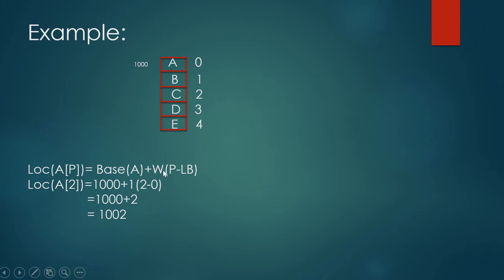Then P is 2. Here the subscript or index of this C is position 2. 2 minus LB. Here the lower bound is 0. Base address plus W into P minus LB is equal to 1000 plus 2. That is equal to 1002. See, the address of A is 1000. Then the address of C will be 1002. Using this formula, we can find out the address of all the elements like this.